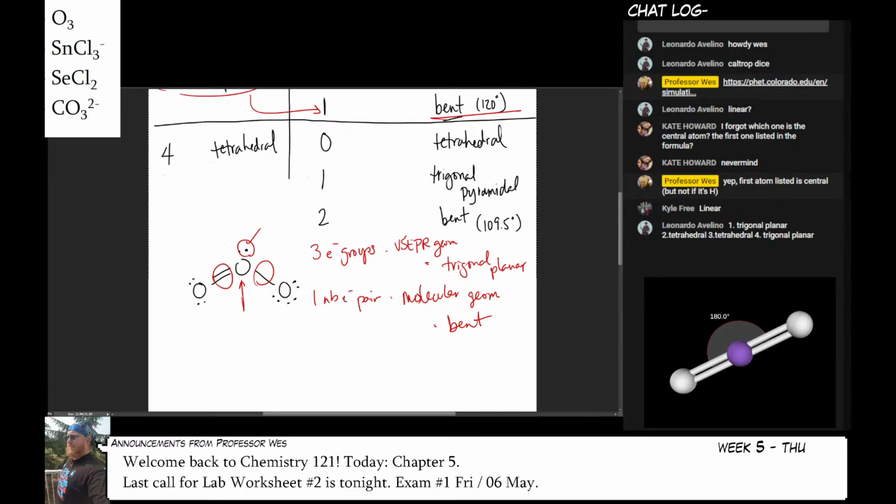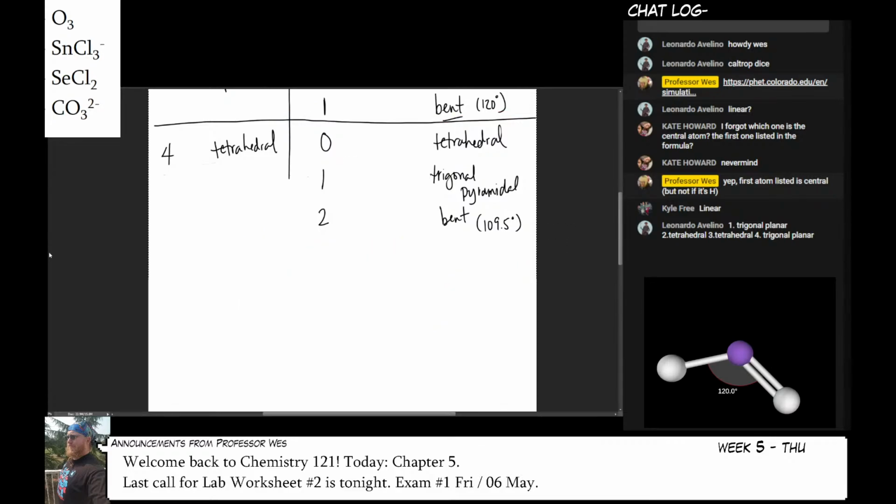So this should be a bent line, and if I draw it this way and then hide this, that's what ozone looks like. And that's still in the corner, right? Yeah, okay. All right, so there's the first one. So I will hit clear on that, and we'll do the next one.